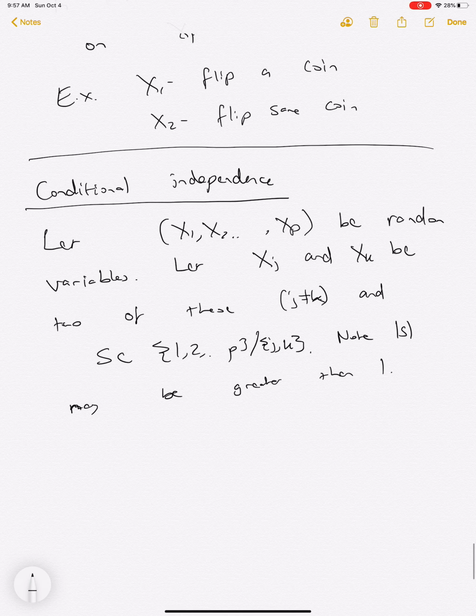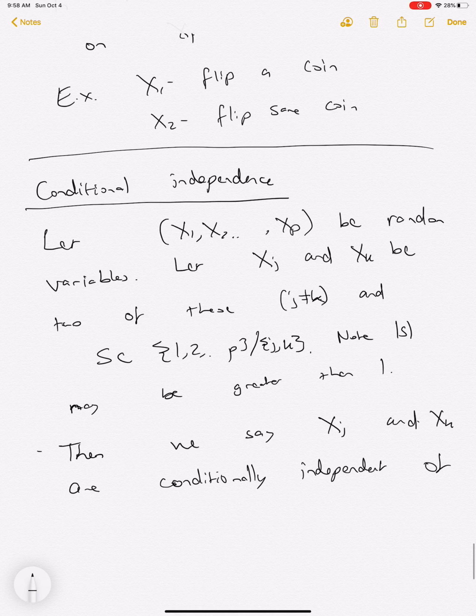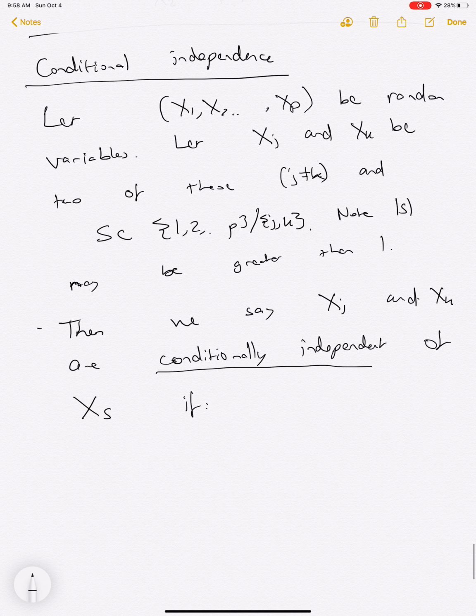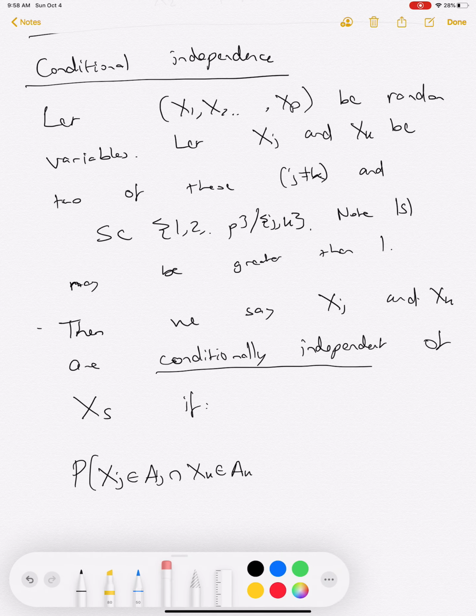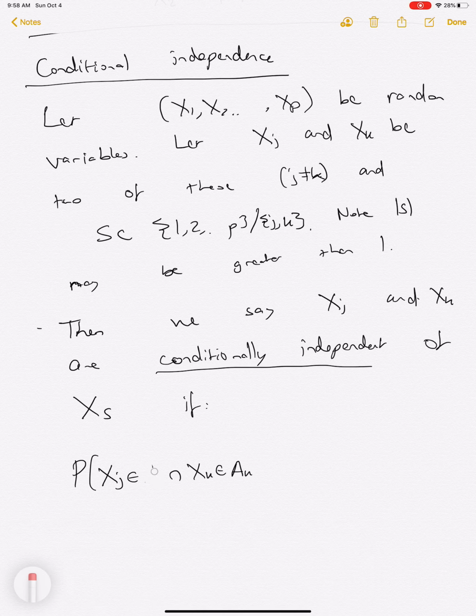Then xj and xk are conditionally independent given xs if... let's be consistent here.